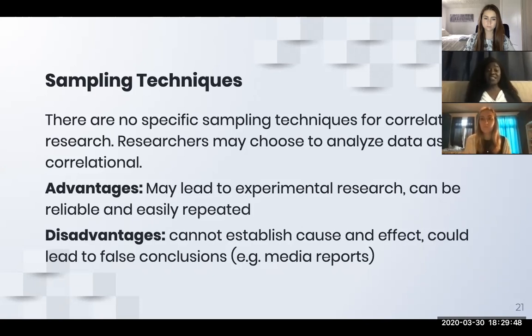So with that said, correlational research, if not looked into in terms of how the data was collected, could lead to false conclusions, which we all have to be careful for when we are listening or reading media reports.